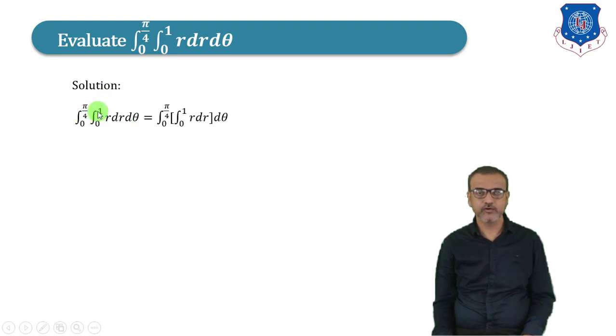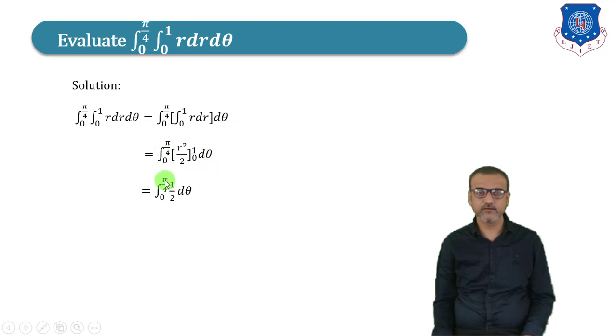Integration from 0 to pi by 4, integration from 0 to 1, r dr d theta. So first of all, we will integrate with respect to r. So this is equals to integration from 0 to pi by 4, now integration of r is r square by 2, and the limit is from 0 to 1. d theta will be as it is.